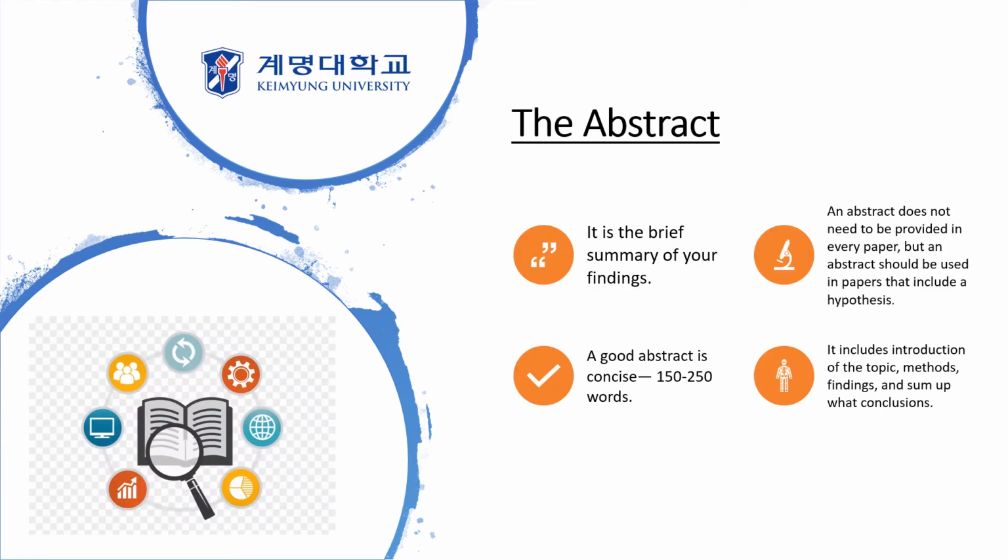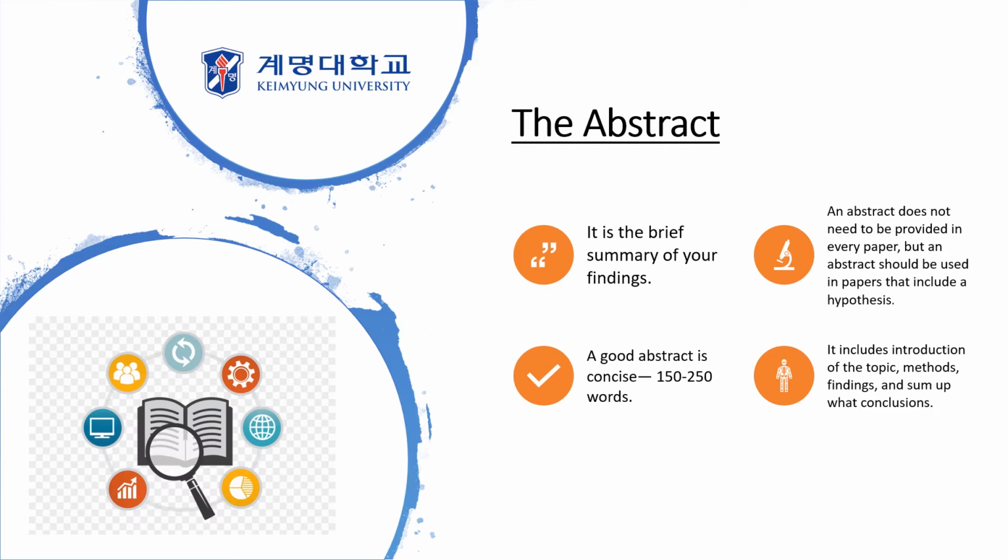The abstract is the bird's eye view of your paper. It is the brief summary of your findings. The standard number of words in an abstract is only up to 150 to 250. Of course, it varies on the different journals that you are going to apply for.